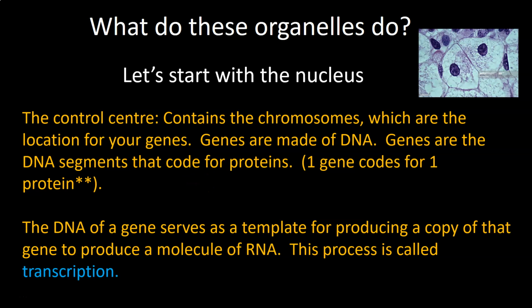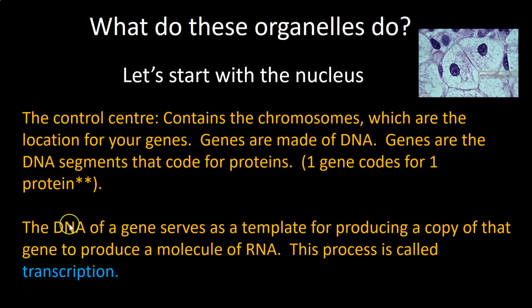Now, what are proteins made up of? They're made up of amino acids. So the gene encodes a set of instructions to make that protein, which is basically a set of instructions saying which amino acid comes first, which comes second, third, fourth, fifth, etc. And it's only then that the protein can be produced.